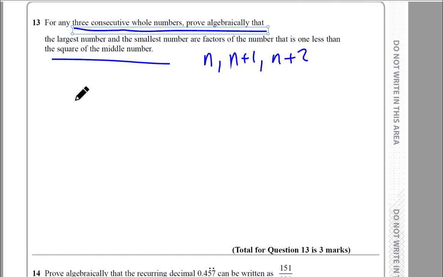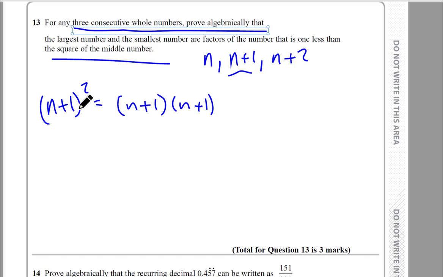The middle number must be n plus 1, right? So let's do n plus 1 squared. Now this wording of this is a bit odd. Remember, n plus 1 is this. Maybe do that out of form so you don't make the silly mistake of saying that's n squared plus 1. That's going to be n squared. Well, I'm just going to jump a step to n plus 1. That's the middle number.